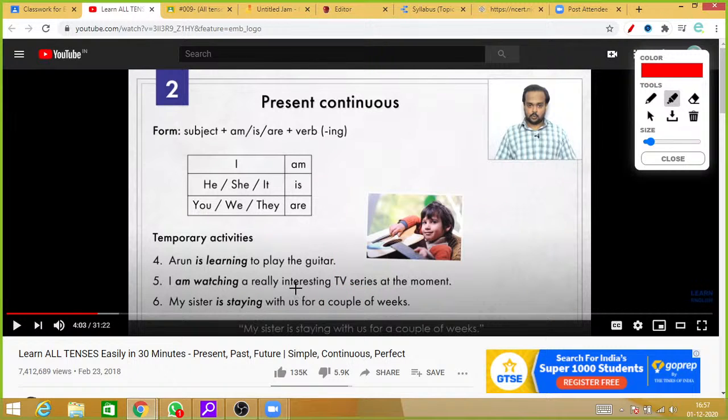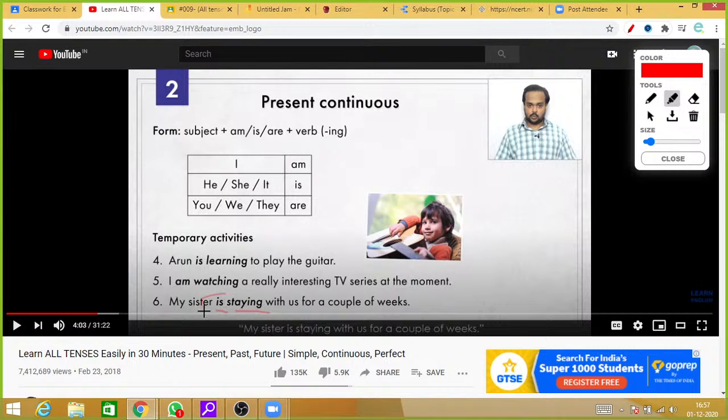And which is the verb here, Ritvik? Staying. No, say the full word. Staying is the verb. And why have we used is here? No, staying is continuous.